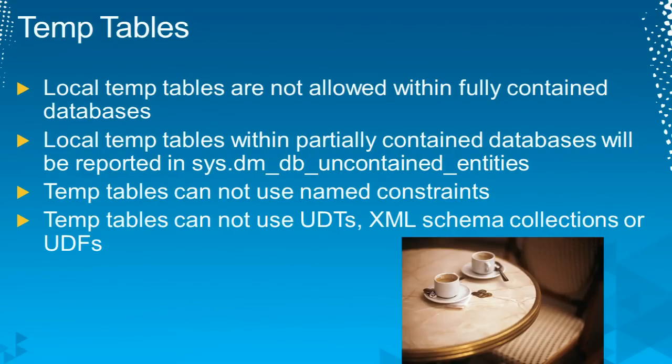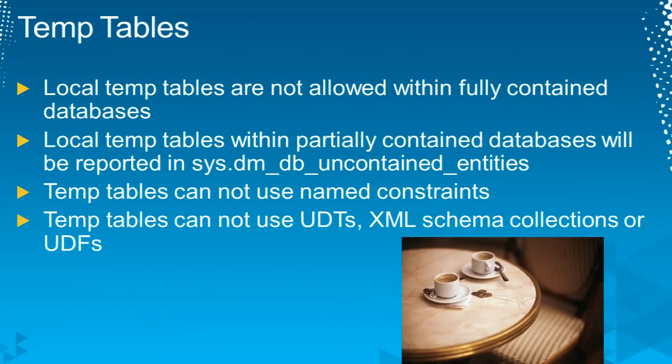Which is where we get into temp tables. In a fully contained database, you're not really going to be able to use local temp tables because those would be objects out to another location. I think there's going to be a way to deal with that. It's all kind of murky and not really talked about yet.